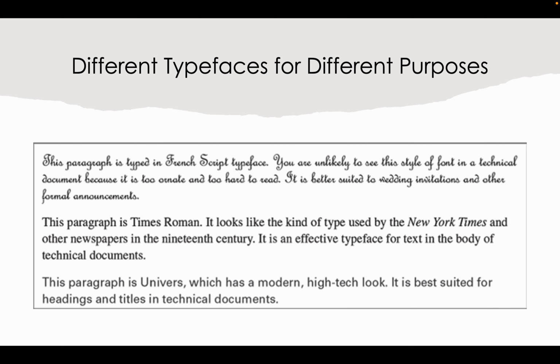The next one is Times New Roman. This font is something that you're going to see like in newspapers as well as in technical documents. And then the last one up here is a more modern, high-tech looking font, and a lot of times you will see this in like titles and headings in technical documents.